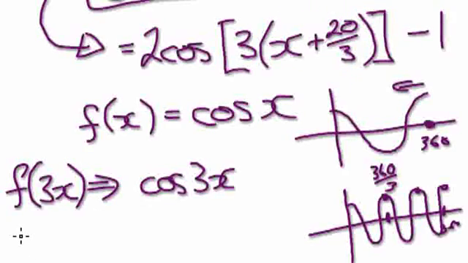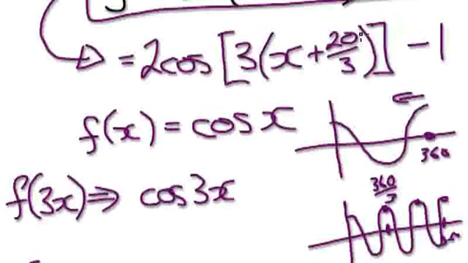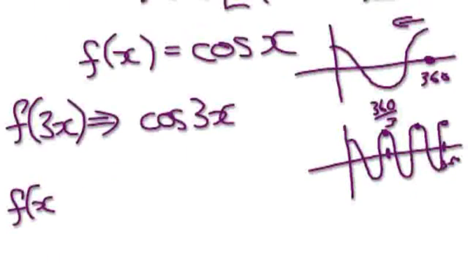Okay, so our next transformation would be f of x plus 20 over 3. So our next transformation would be plus 20, oops, now plus 20 over 3.